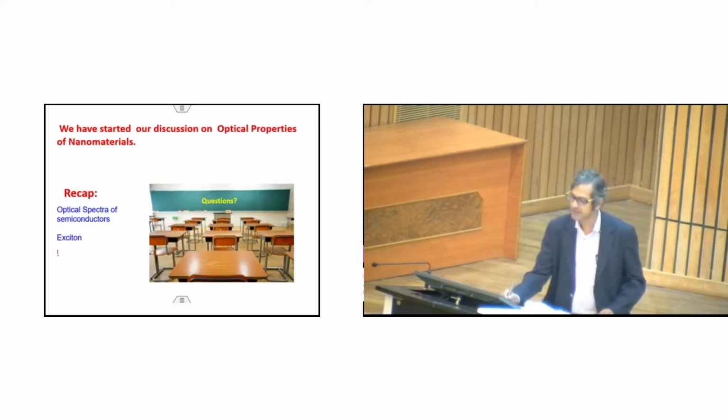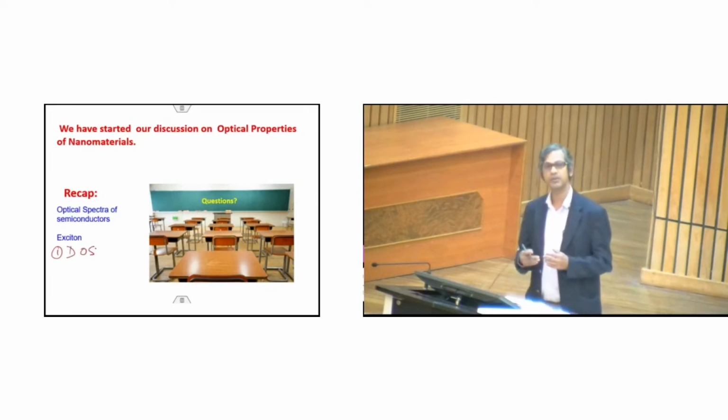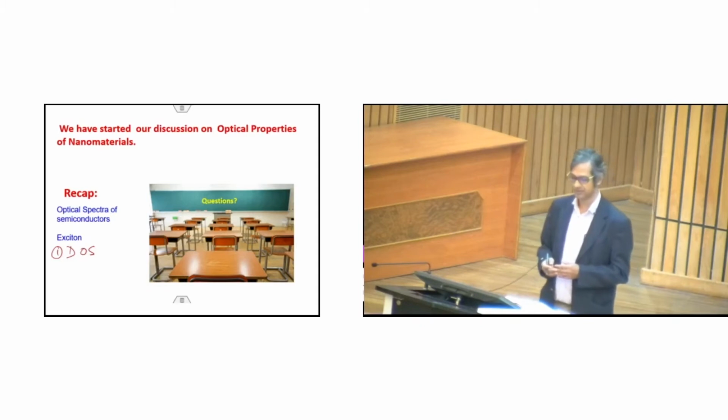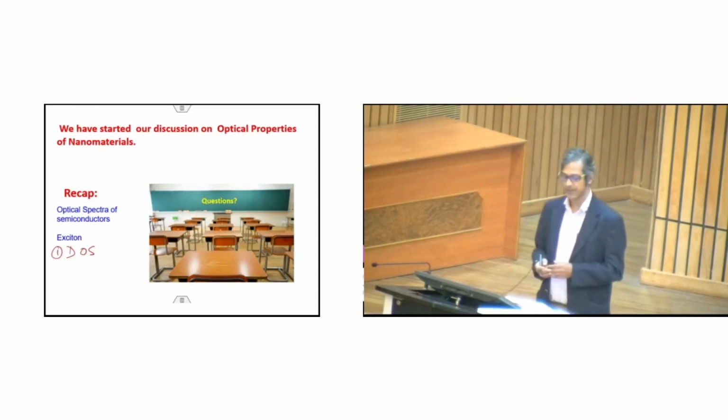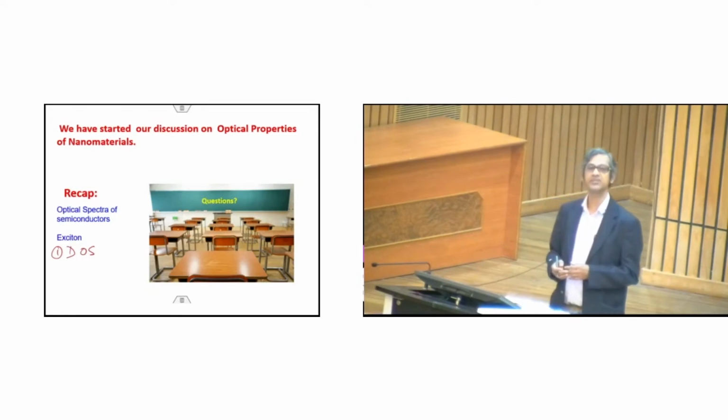Density of states is the first important thing required to discuss the interaction of light with the electrons. But the density of states, the valence and the conduction bands, are also affected by the size.